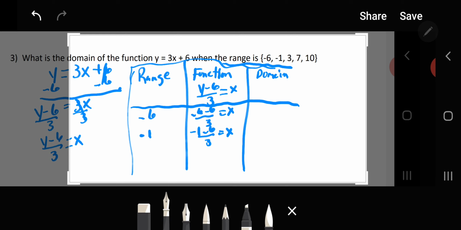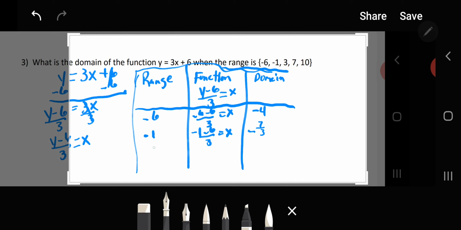I'm going to run out of room, guys, so I'm just going to go ahead and tell you what it is. If I plug in that negative 6, negative 6 minus 6 is negative 12, and negative 12 divided by 3 is negative 4. Next one, putting in that negative 1, we get negative 1 minus 6 as a negative 7, and we have negative 7 over 3, which is some ugly number because it'll give me negative 2.3333 on forever. I'd just rather keep it as negative 7 divided by 3.